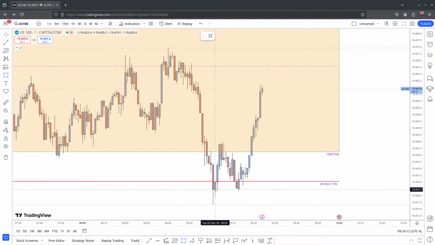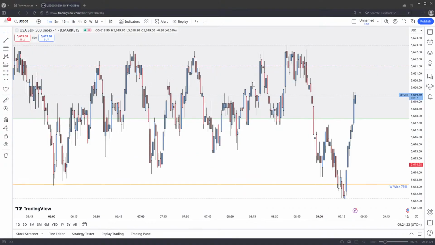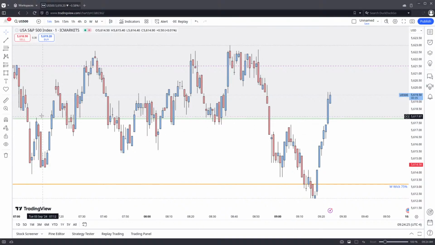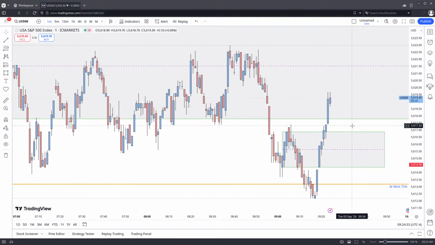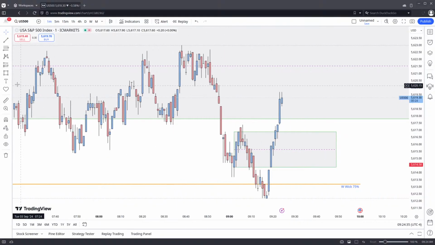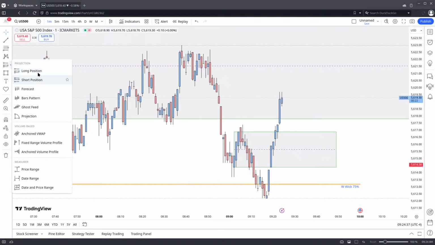These lows are a tad bit too clean for me. We do have a breaker block on ES, so that'll be something that we will look at. So we'll be looking at ES instead of NAS, since that does have that breaker block on there.